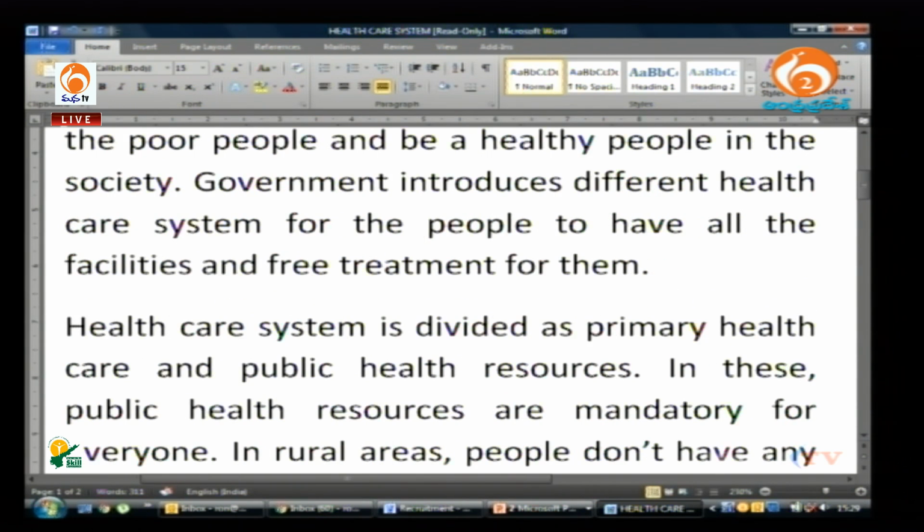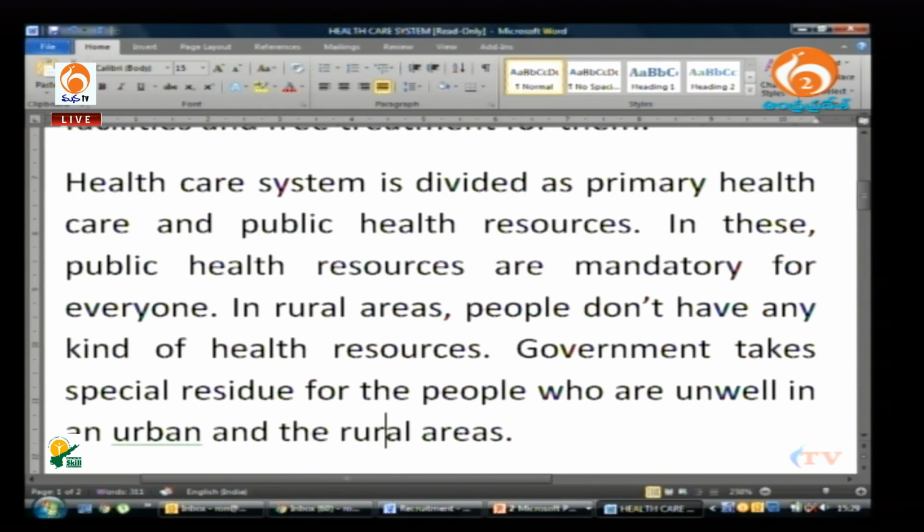So that was his opening. Paragraph number 2. Healthcare system is divided as primary healthcare and public health resources. In these public health resources are mandatory for everyone. In rural areas, people don't have any kind of health resources. Government takes special residue for the people who are unwell in an urban and rural area.